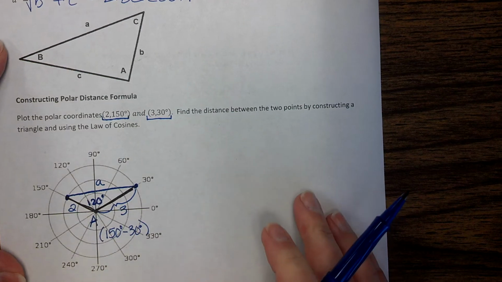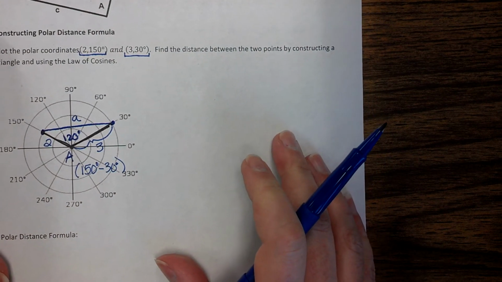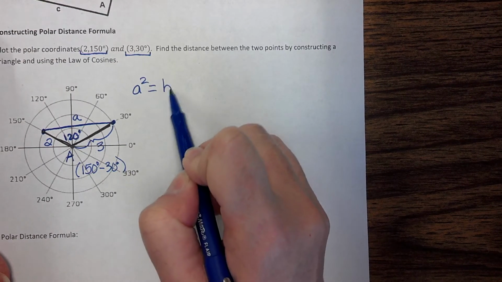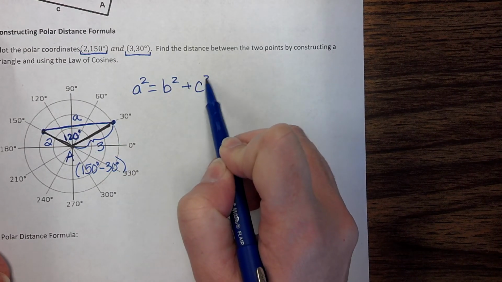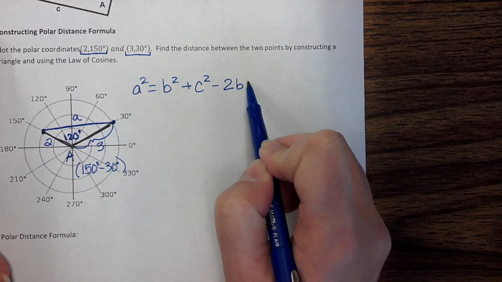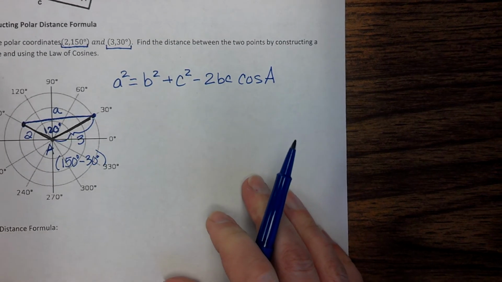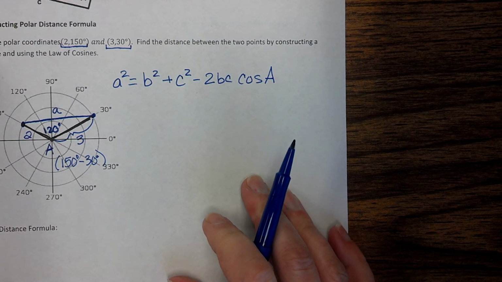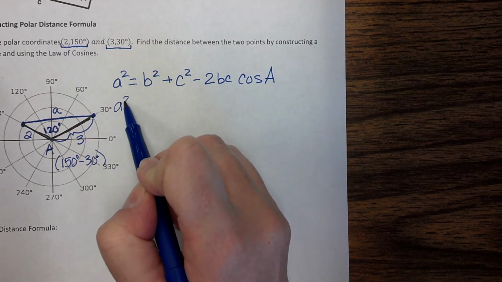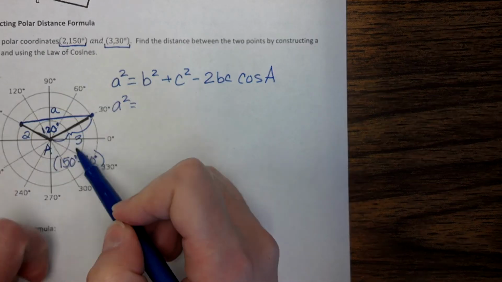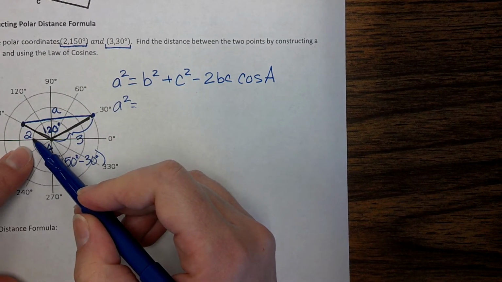All right, so now let's plug it in using law of cosines. Let me rewrite what we have. A is what we're trying to find. B, and it doesn't matter 2 or 3, we'll just let it be 3.